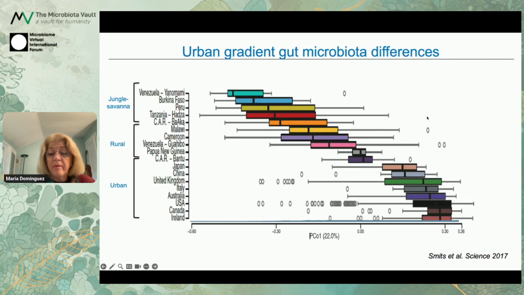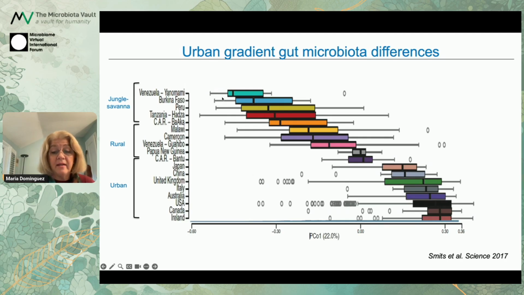And in this important graph from the Smits paper, on which we collaborated with Justin Sonnenburg, we can see the importance of exposure to urban life. When they ordered along principal coordinate 1 all the microbiota data that was available in 2016, what they observed is a spontaneous ordering by lifestyle. That's the main driver.